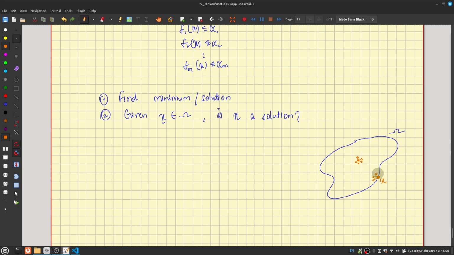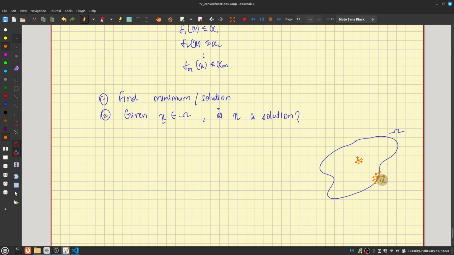So if I look inside omega, that is, if I look at any of these directions, if the function value is increasing, then I can conclude that this is a local minimum, right? So I'm allowed to go along the boundary, or I'm allowed to go inside omega. But if the function value is, say, decreasing in this particular direction, then I don't want to consider that, because I can't treat that as a solution, correct?